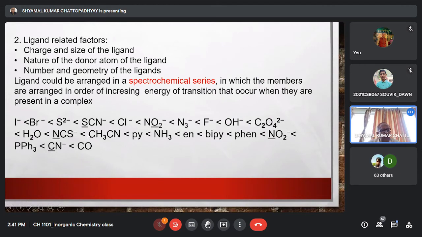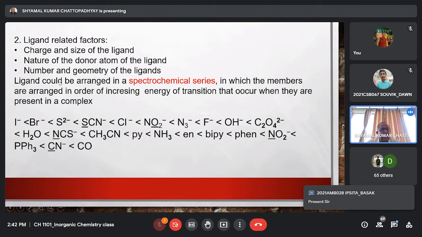But then water, having no charge at all on the oxygen atom, has a stronger crystal field than either hydroxide or oxalate. So the effect of charge is sometimes observed, but the change is not very systematic, and it cannot be said that it varies in a systematic manner.